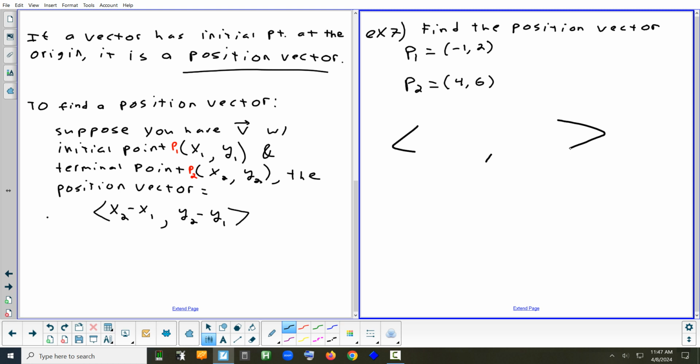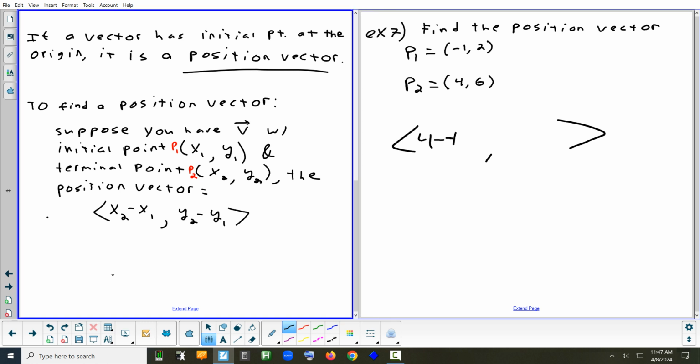Anyone think they could give me the calculation for the horizontal? Horizontal's left to right, like the flat one? Yeah, x. So that'd be 4 minus -1.